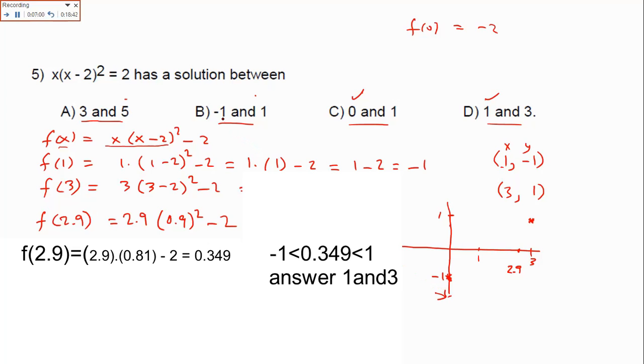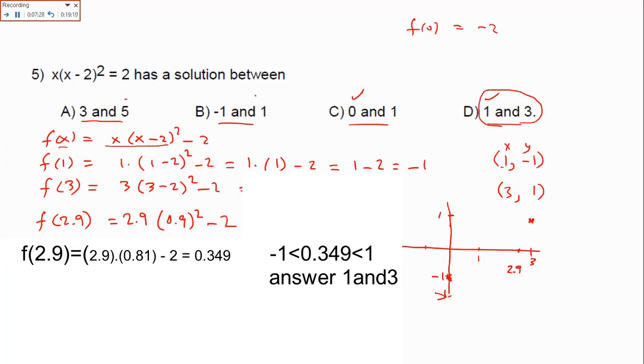And over here between -1 and 1, we're talking about x's. These are x's, these are not y's. X between -1 and 1, -1 over here and 1 over here. It's outside. The only one that will satisfy it is this.